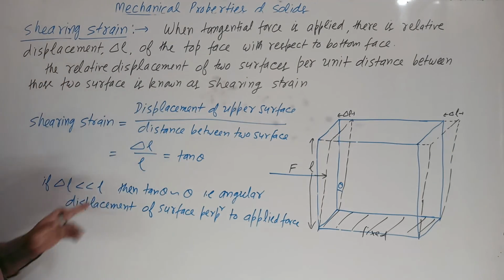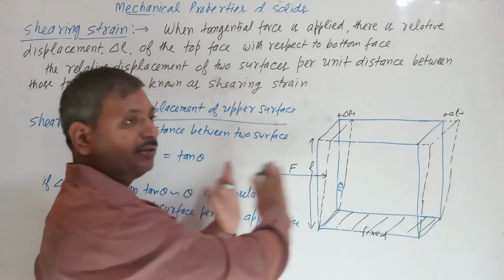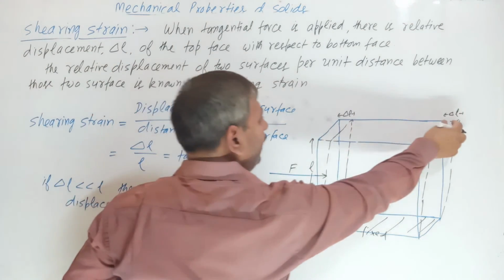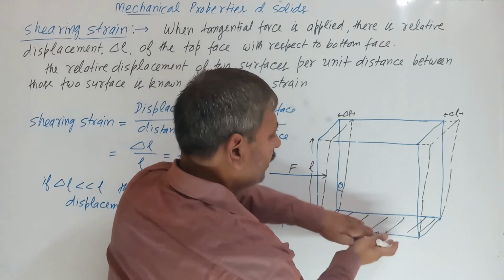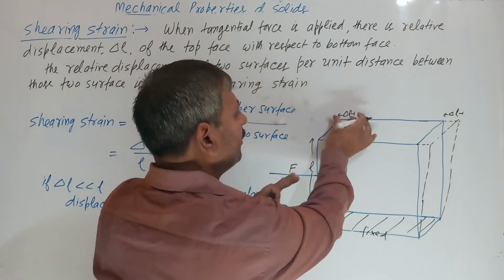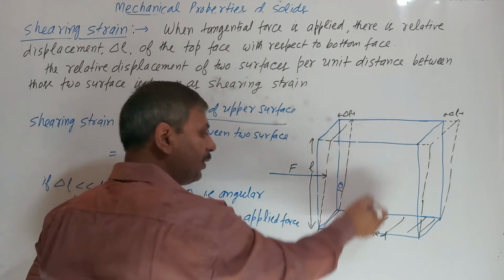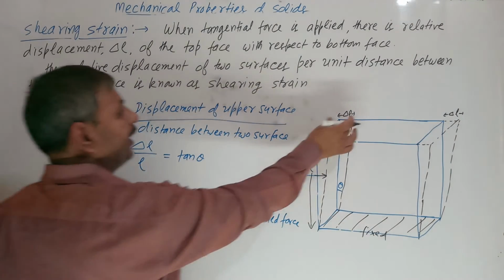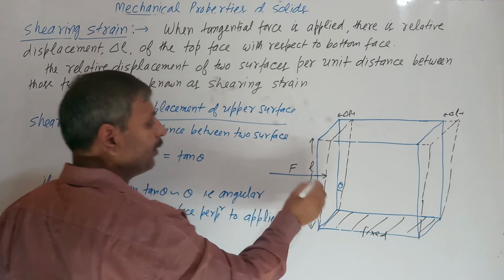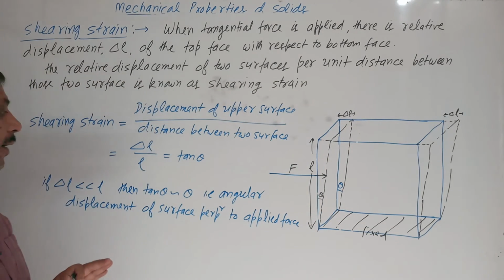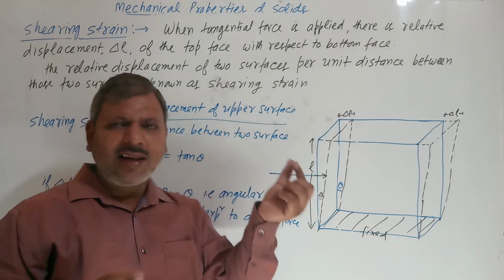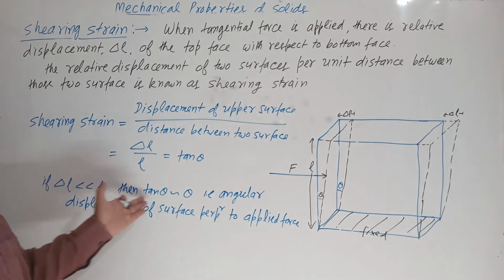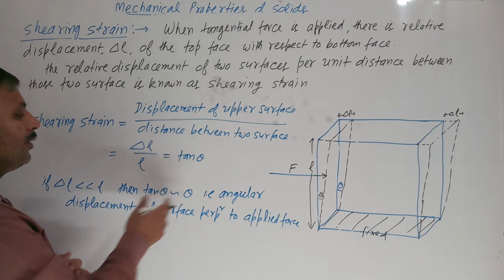Suppose I have applied a tangential force F, so there is a displacement del L of the upper surface with respect to the fixed or lower surface, and the distance between the two surfaces is L. So del L upon L can also be written as tan theta. Del L is very small compared to L, so tan theta is nearly equal to theta.